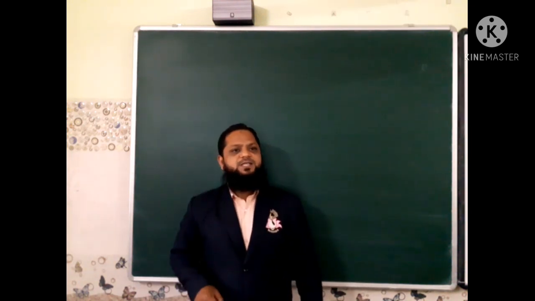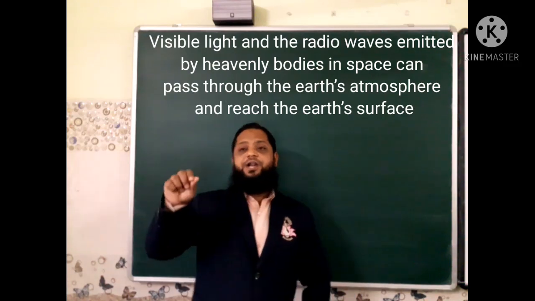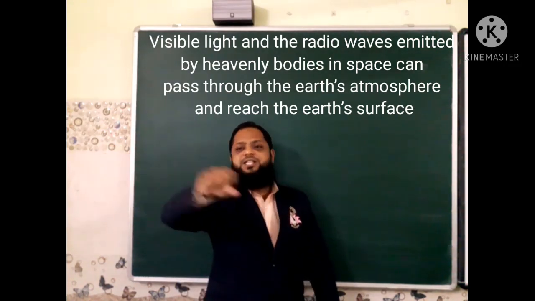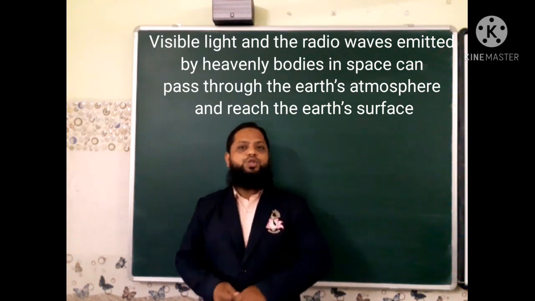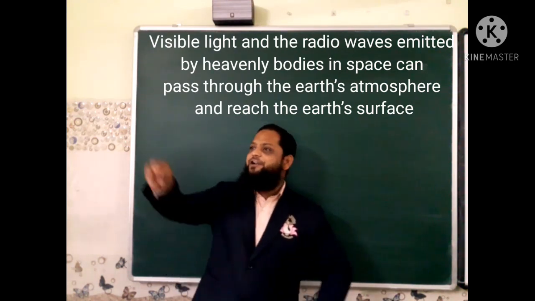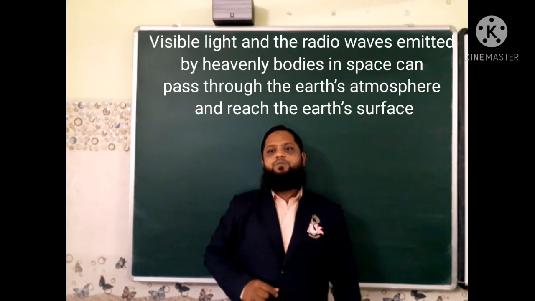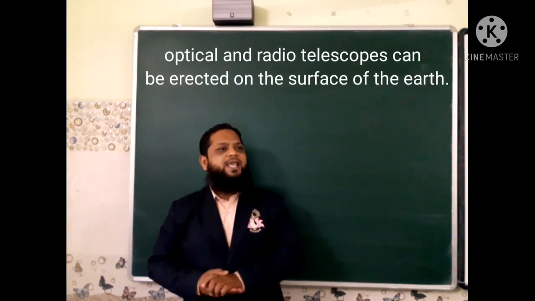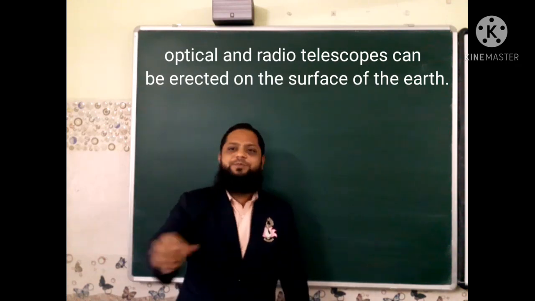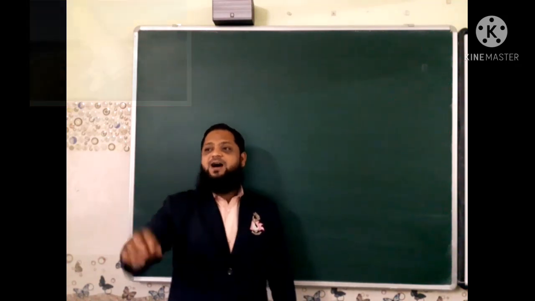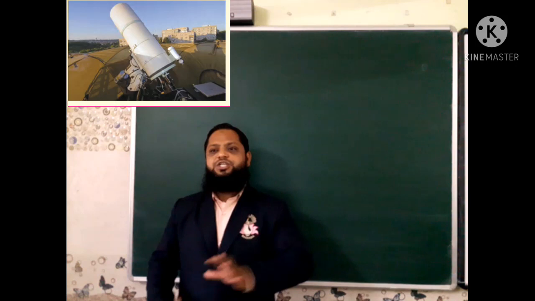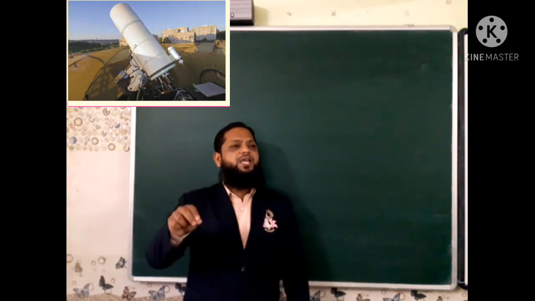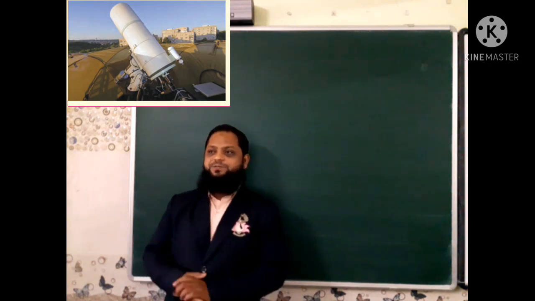Telescopes in space. Visible light and radio waves emitted by heavenly objects present in space can pass through the Earth's atmosphere and reach the Earth's surface. So, optical and radio telescopes can be erected on the surface of the Earth. These Earth-based telescopes create many problems in making good quality observations.